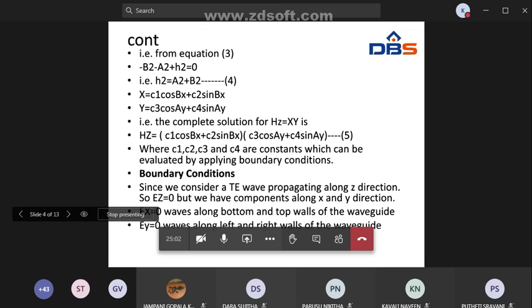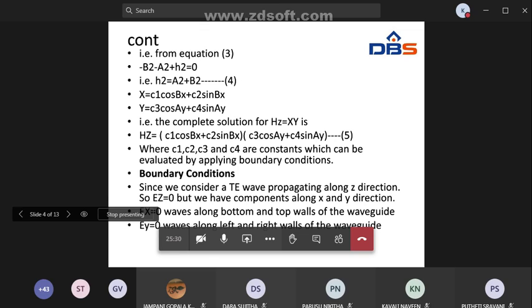So if you substitute these two, the complete solution for Hz equal to XY is Hz equal to (C1 cos bx + C2 sin bx)(C3 cos ay + C4 sin ay). Here C1, C2, C3 and C4 are constants.